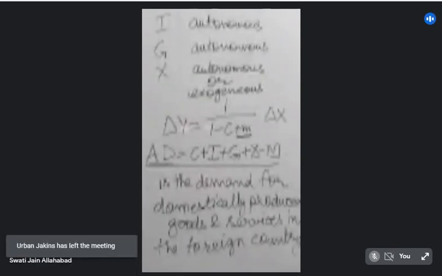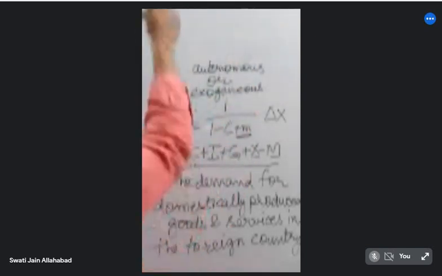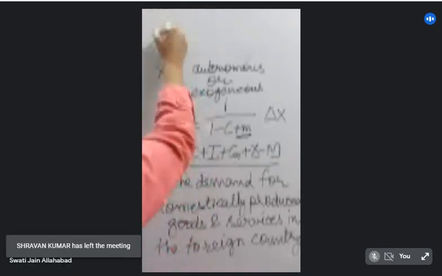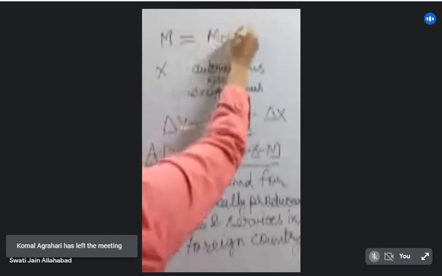Now let us understand how the import function looks like, or what is the relationship of import. Please pay attention to this. That is, import is equal to M0 plus My.